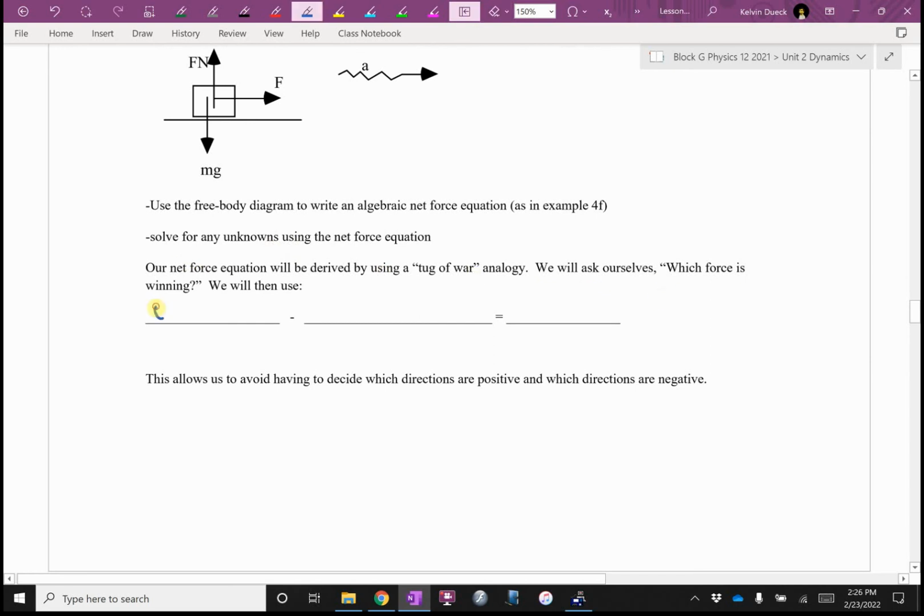And then we're going to use, remember this from last year or last semester, winner minus loser equals, well, F net, but on your formula sheet, what's F net equal to? So instead of saying F net, we jump straight to ma. This allows us to avoid having to decide which way should be positive and which negative. We're going to let positive be whatever makes the math the nicest.